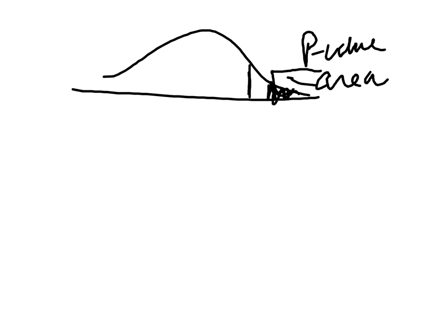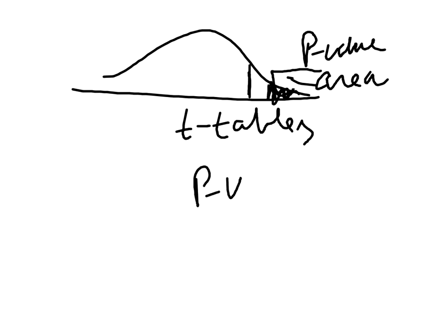Anyway, let's back off the theory a little bit. The only thing that's different between the t tables and the z tables, and you'll discover this in just a second here, is that with the z tables we can get an actual area, and when we're dealing with the t tables, we can't do that. We end up with an interval. Like, for example, we would get an interval where our p-value is greater than 0.025 and less than 0.05.